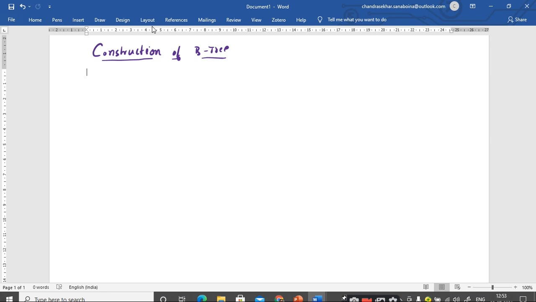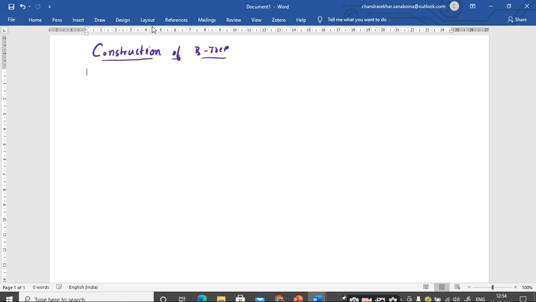In the similar manner, you are asked to construct a binary search tree by giving a list of elements. Here also you will be asked to construct a B tree by giving a list of elements. And one more important point I told regarding the B tree is, it is not sufficient data to construct a B tree without specifying the order of the B tree. So when you are asked to construct a B tree, they should specify what order of B tree you are going to construct. Is it clear?